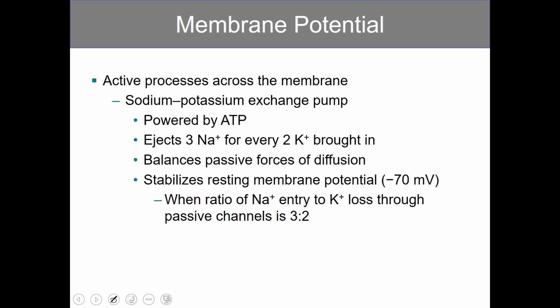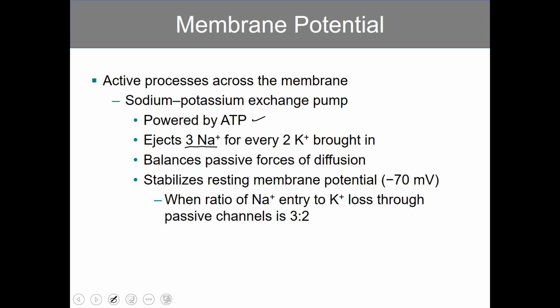So we've already noted the active processes that occur across the cell membrane in order to maintain the state of disequilibrium, and that's largely contributed to the sodium-potassium exchange pump. This is an active process, and the way it works is the sodium-potassium exchange pump is going to eject 3 sodium for every 2 potassium.